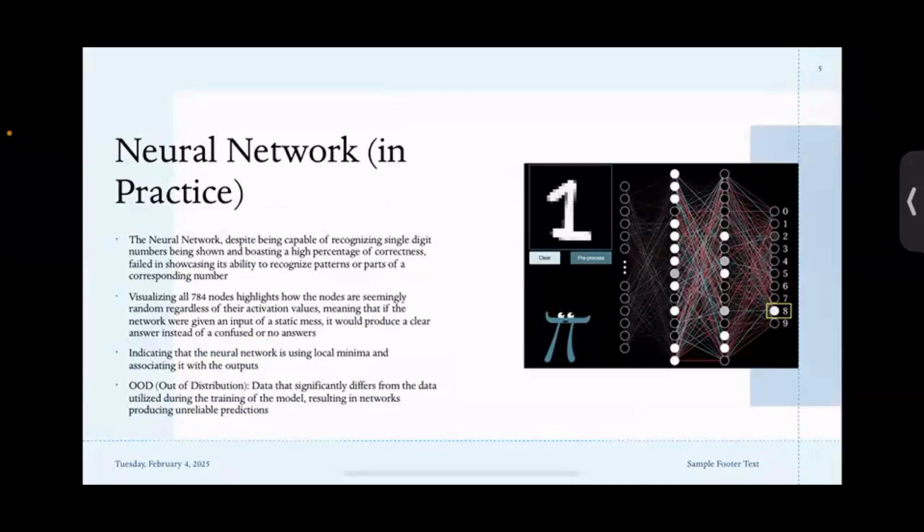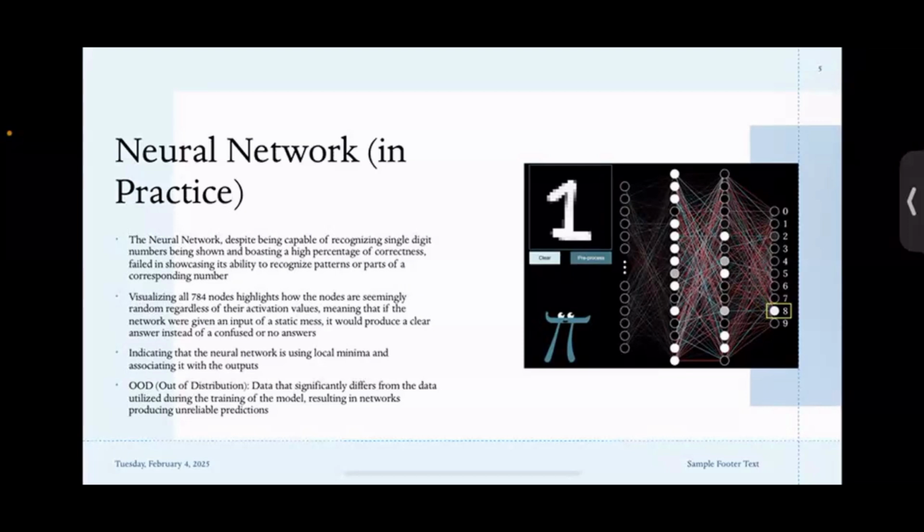Visualizing all 784 nodes highlights how the nodes are seemingly random regardless of their activation values, meaning that if the network were given an input of a static mesh, it would produce a clear answer instead of a confused or no answer, indicating that the neural network is using local minima and associating them with the outputs.